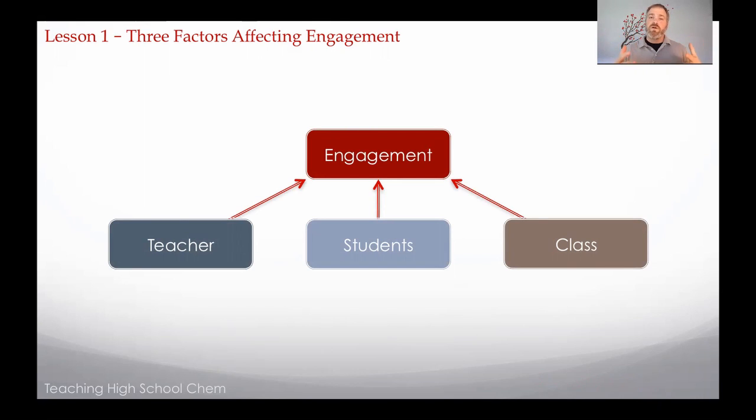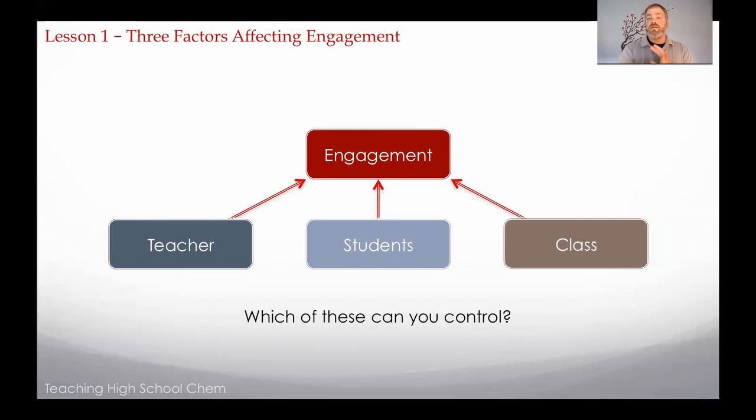But what I want to start with is this question. Which of these do we have control of? For ourselves, that's the primary place where we have control. Are we prepared for class? And then a lot of the other things we're going to look at in this series of lessons, are we doing those things? Are we pacing well?